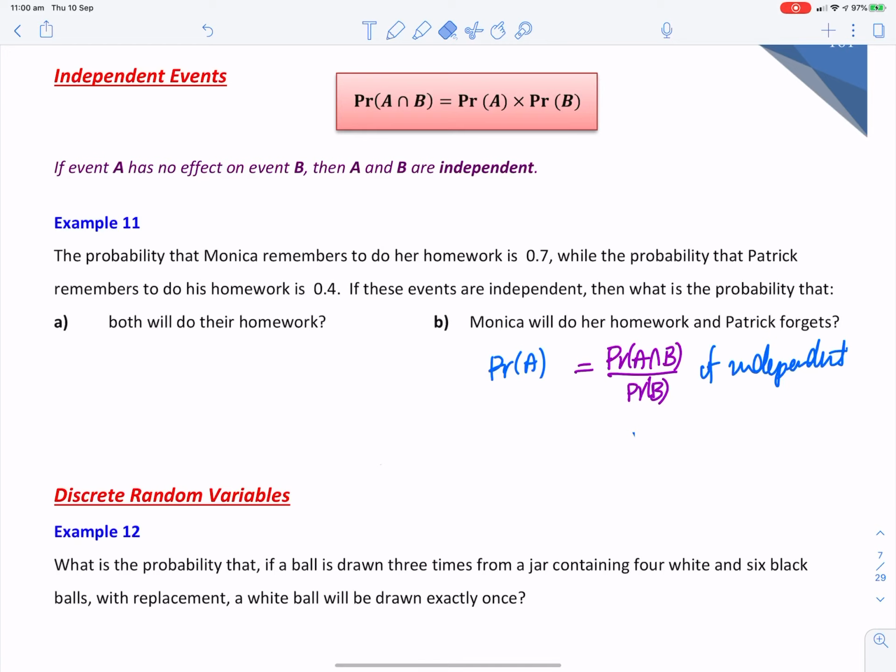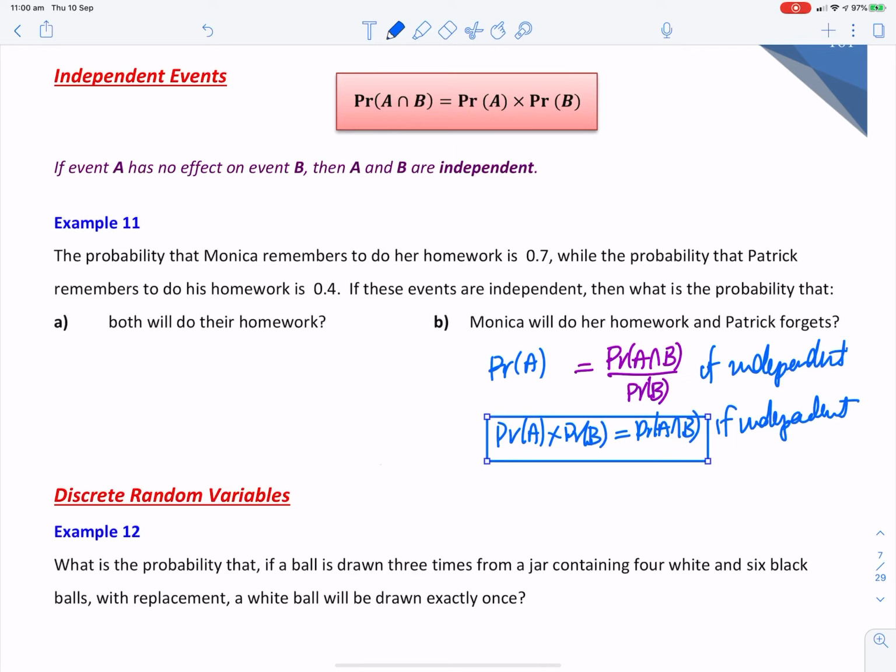From this, we can see the probability of A times the probability of B is equal to the probability of A intersects B if they're independent. So if this rule holds, you can say A and B are independent.